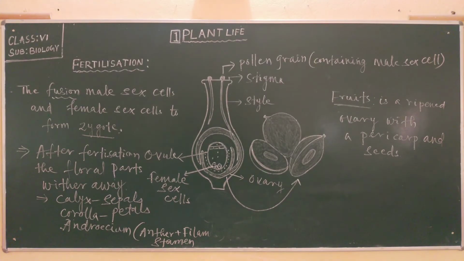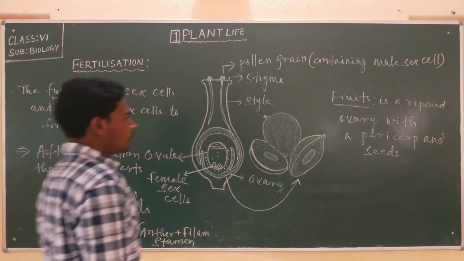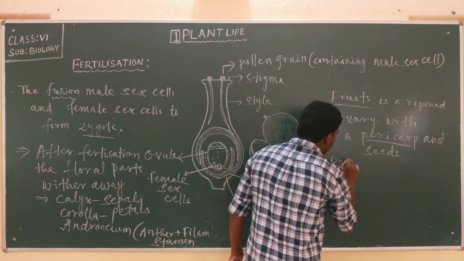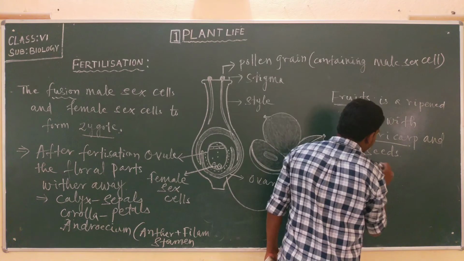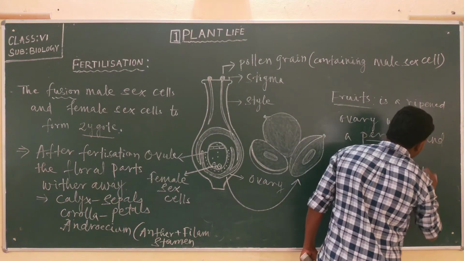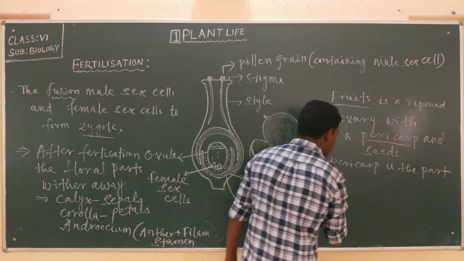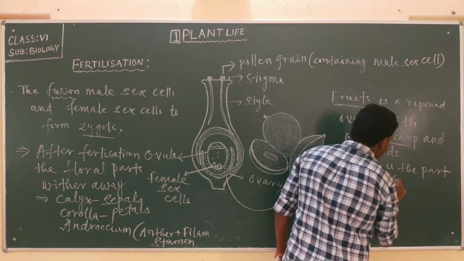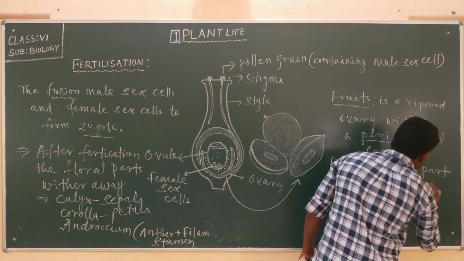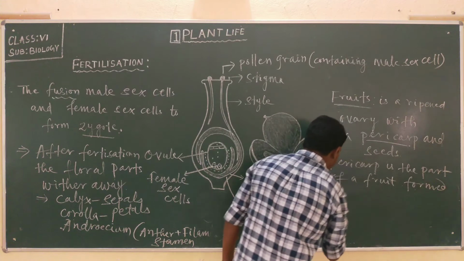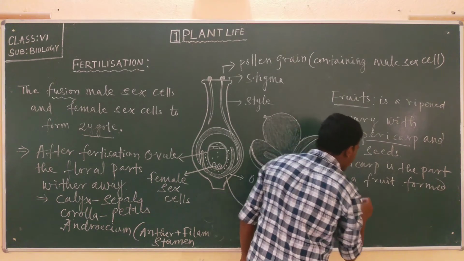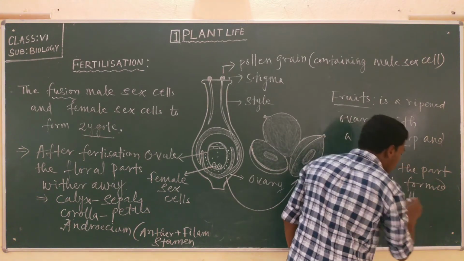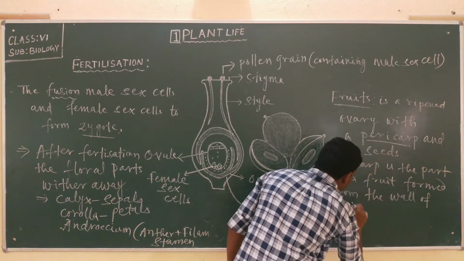So what is pericarp? Pericarp is the part of a fruit formed from the wall of the ripened ovary.